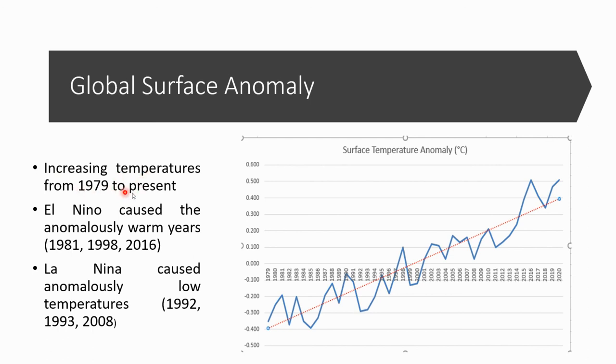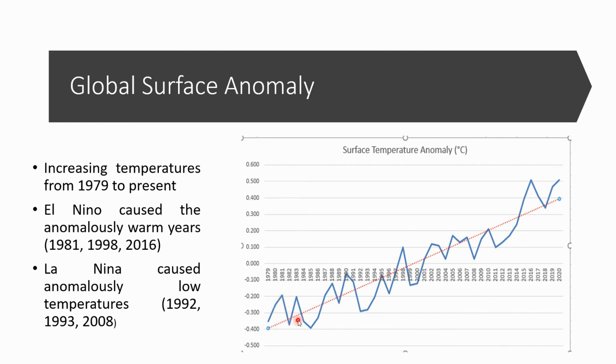Increasing temperatures from 1979 to present. If you look at the global surface trend, from 1979 to 2020 the temperature trend was in an increasing direction. El Nino caused the anomalously warm years. If you look at the trend line from here, 1981 was the highest temperature.